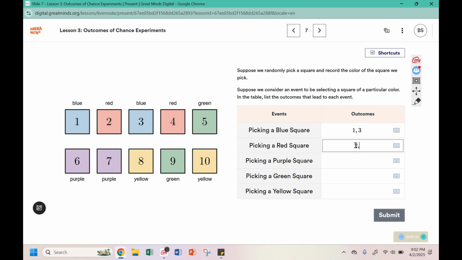For picking a red square, it could be a 2 or a 4. For a purple square, it could be a 6 or 7. For a green square, it could be 5 or 9. And for a yellow square, it could be 8 or 10. If you selected different colors for your squares, your numbers need to match the colors described in the events.